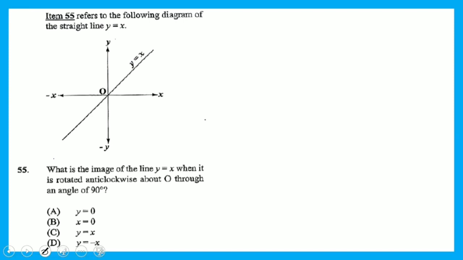All right, this one says, we have the diagram of a straight line y equals x. What is the image of the line when it is rotated anti-clockwise about here, the center, through an angle of 90 degrees? And just picture it using your hand, taking up this line and just spinning it 90 degrees, which means this piece now ends up here, anti-clockwise, so you have to go that direction.